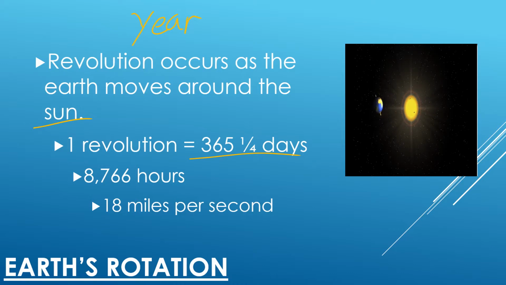So as we said, the revolution is one trip around the sun. Okay? So one trip around the sun, and that takes 365.25 days, or 365 and 1/4 days, is what I usually say. But I want you to notice something about the axis here.